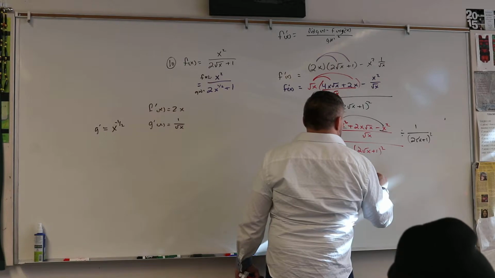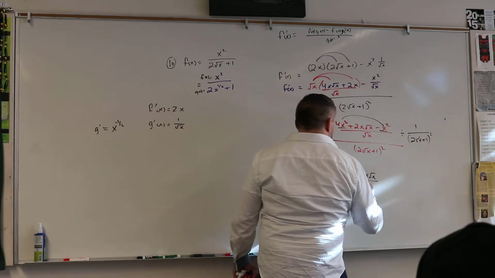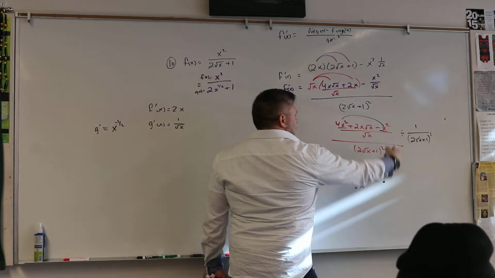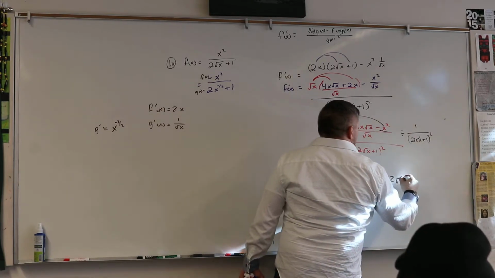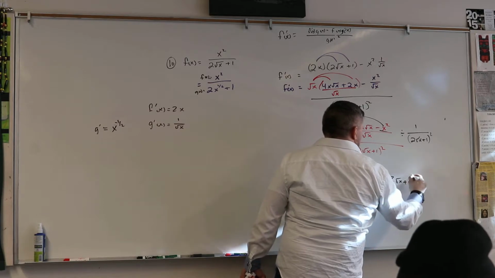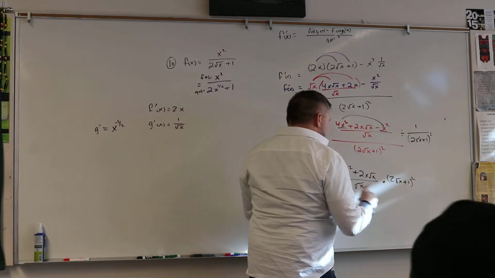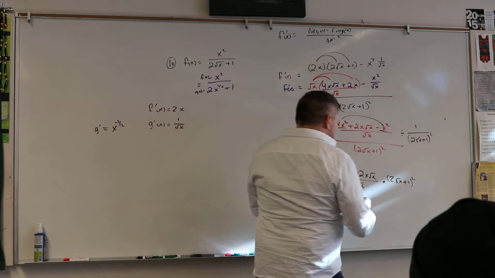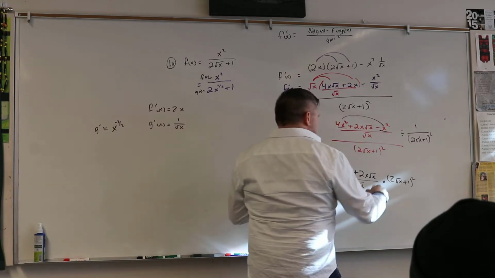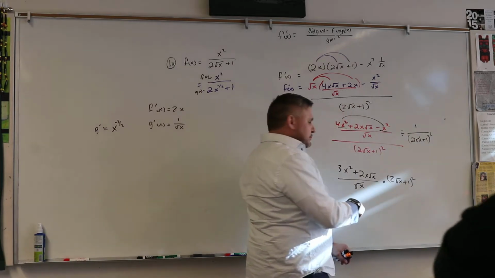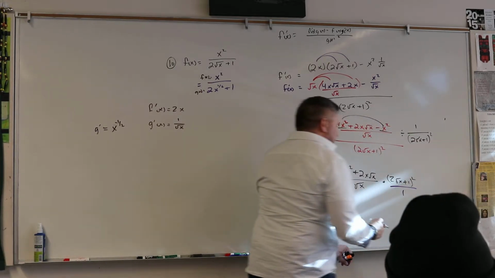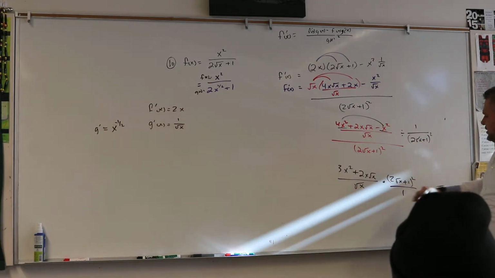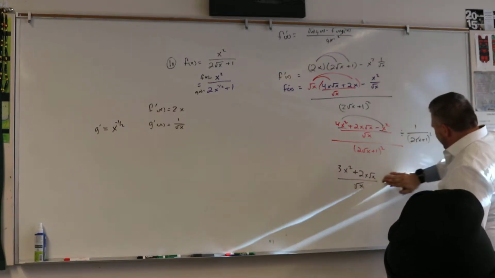Plus 2x square root x all over the square root of x times 2 square root x plus 1 squared. Now instead of writing it like that, what we might want to do is actually square it. Because that's just going to be over 1, right? So what I could do is square this top before I write it.